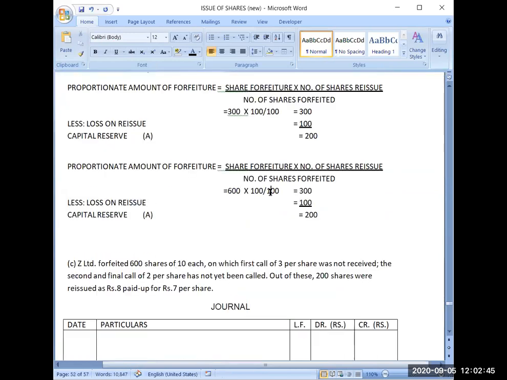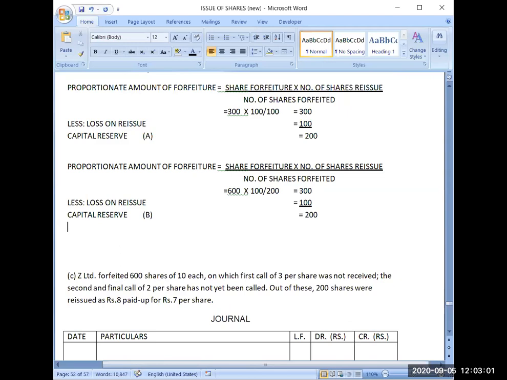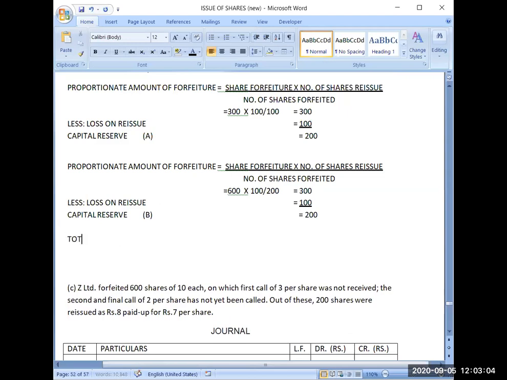And the number of shares forfeited was 200. So this amount will also be 300. Again, the loss on reissue is 100. And the capital reserve for B will also be 200. Yes, please, still here, it is clear. Any confusion?